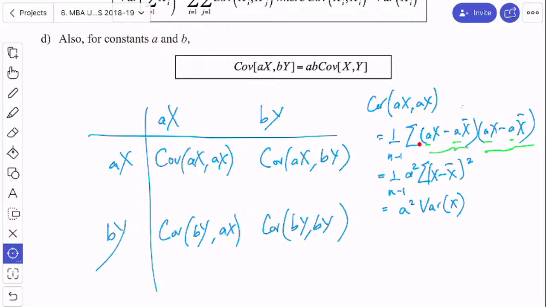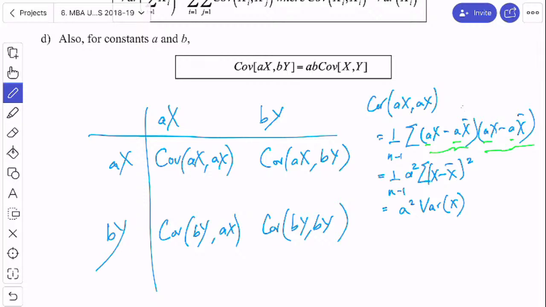Can't I just pull this out of here and pull this A out of here, and that makes A squared, and then that leaves two of these, and isn't that just the variance of X, this and this, before I take the square root for standard deviation?